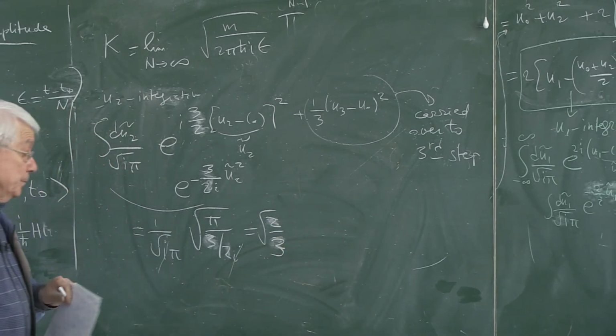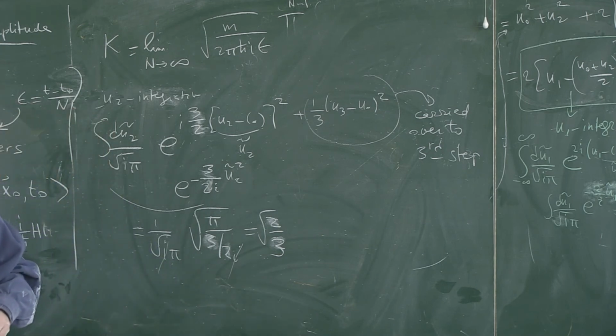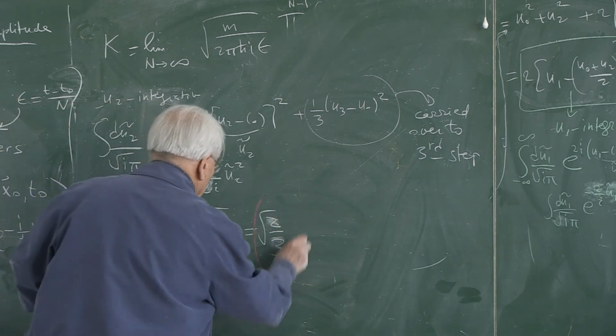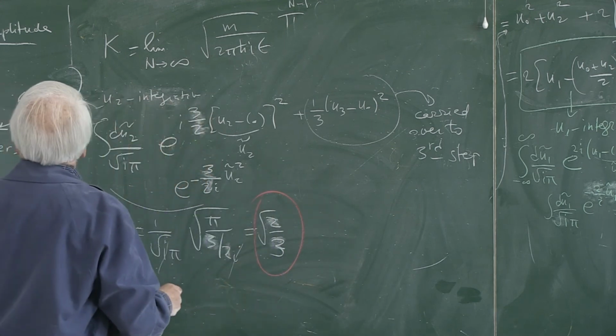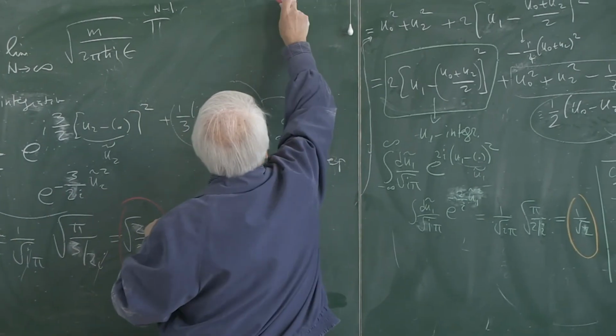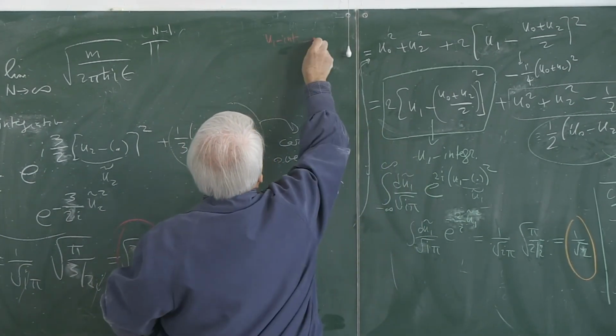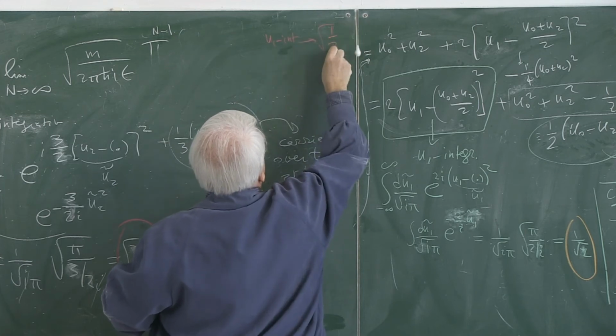So that is, as I said, at some point I thought I should have a logbook. The u1 integration gave me what? 1 over square root of 2.